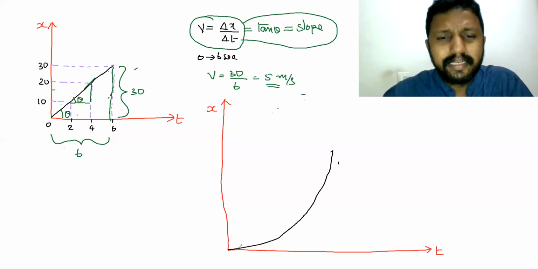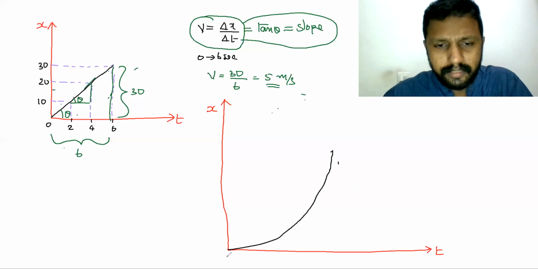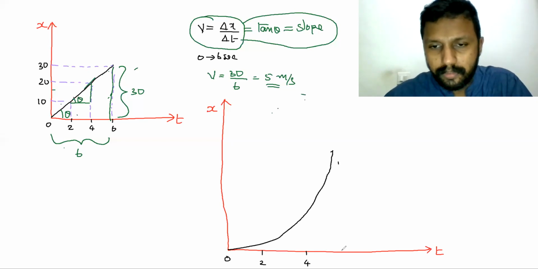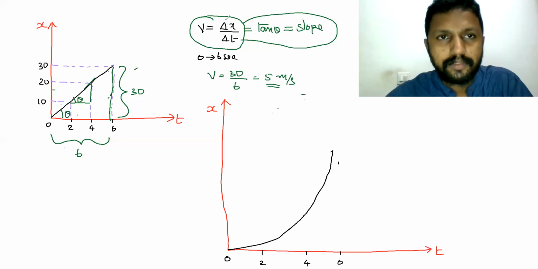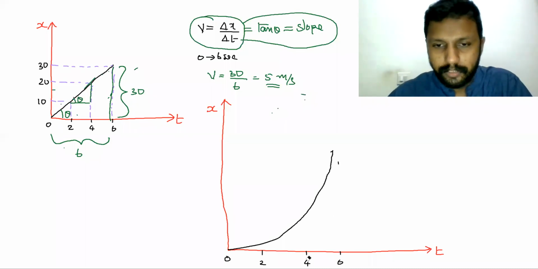And let's define the points. Let's say this point is 0, this point is 2, this point is 4, and this point is 6. Let me change the 4 slightly.